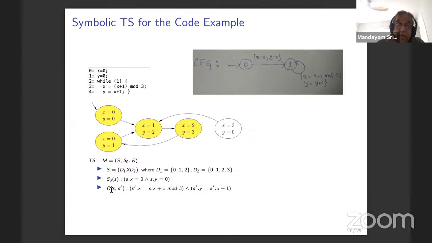You will have to define it over all possible states S that are included in S. This is what I call a symbolic representation of the transition system. Although the system can be infinite or very large, you can still use formulas as a finite representation of those states. Any questions here?